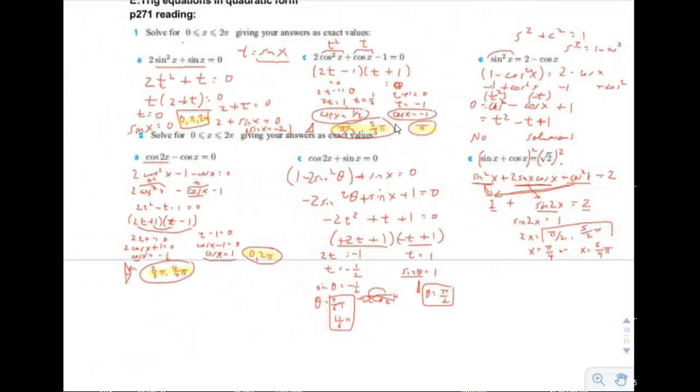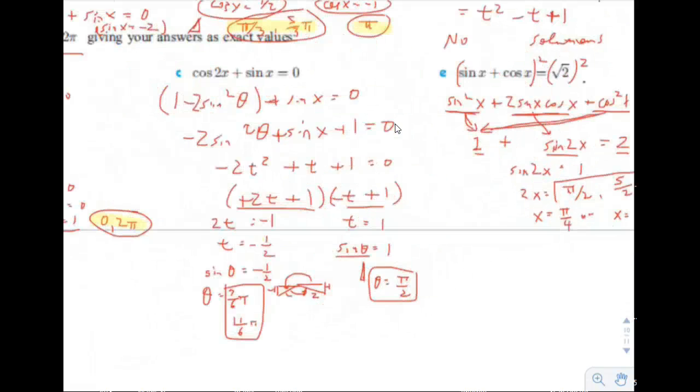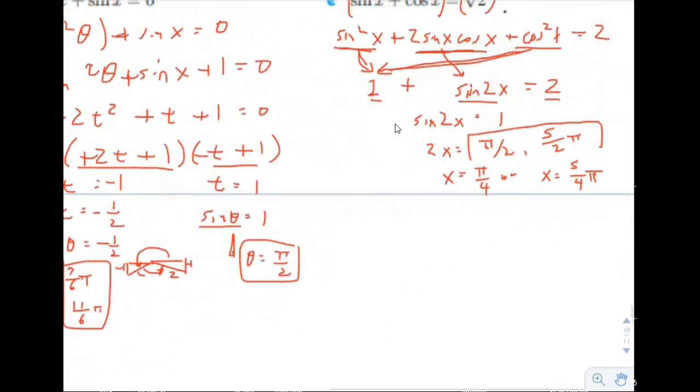Because originally we're looking for an x between 0 and 2 pi. Since we're working with 2x, we're looking for an answer between 0 and 4 pi. Then we take half of that to get the x, and we get an x of pi over 4 and an x of 5/4 pi. Those two solutions, when multiplied by 2 in 2x, are going to give us a sine of 2x equals 1.